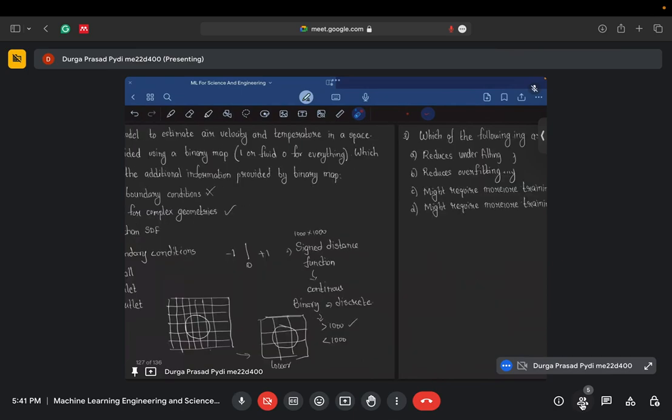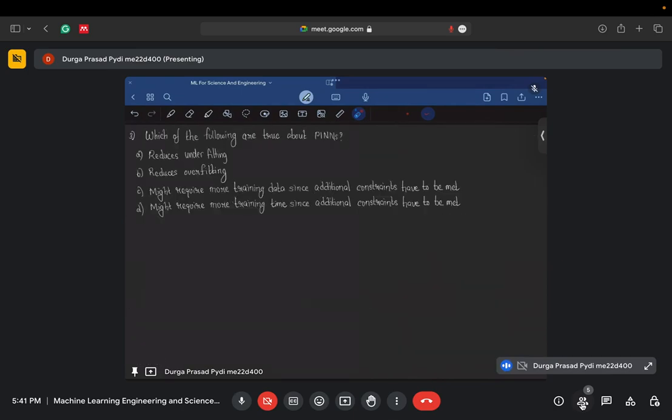This is on PINNs, where you have physics informed neural networks. So how is a PINN different from a normal one? The main difference essentially lies in your objective function. In a normal objective function, we will use, say, mean squared error or binary cross entropy kind of objective functions.